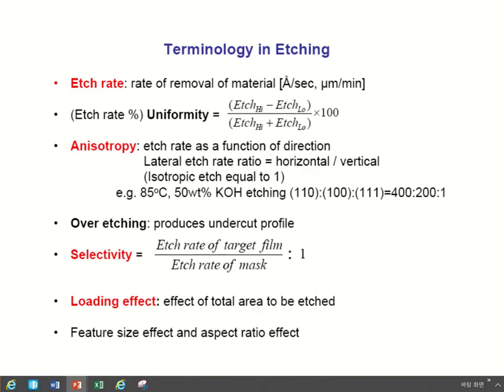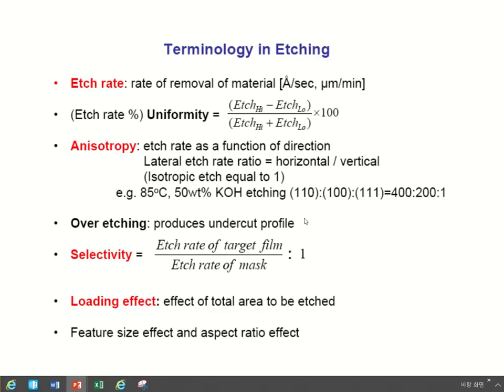For example, at 85 degrees C, 58% KOH etching, depending on the directionality of the silicon wafer, like 110 versus 100 versus 111, you can see the etching rate is different, like 400 and then 200 and 1 for that particular direction.